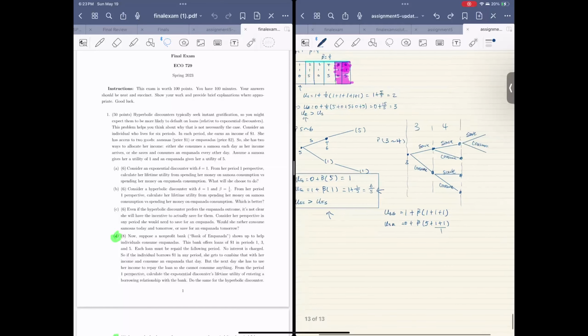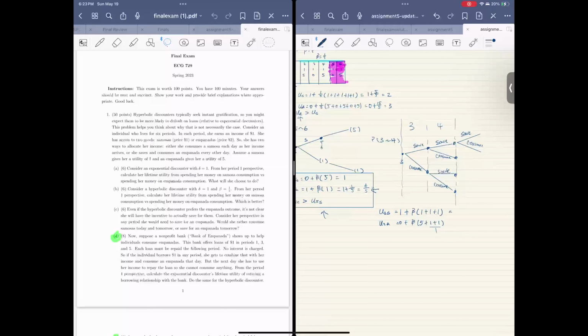So what you get is 1 plus 3 fifths, and then this would be 0 plus 7 out of 5. So you'll get 8 out of 5, and then this will be 7 out of 5.